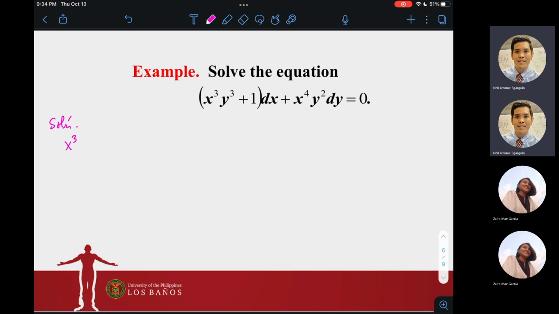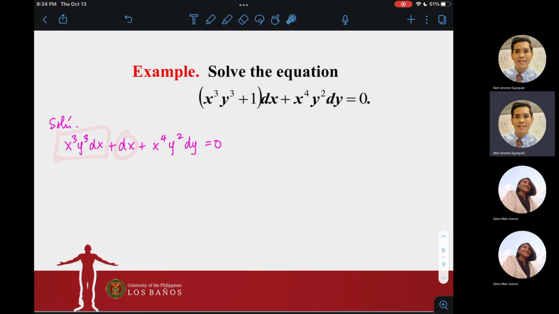So I'll have x cubed y cubed dx plus dx plus x to the fourth y squared dy equals 0. Okay. Ang tanong ngayon, kanino ko i-pair yung x squared y? Dito ba or dito ba? Alright? Ang idea kasi dapat may common ka na ma-factor.